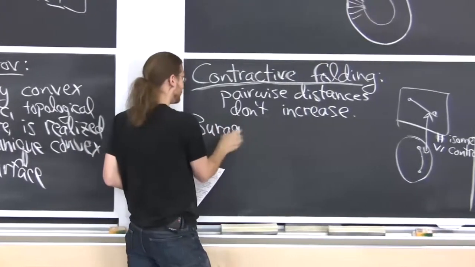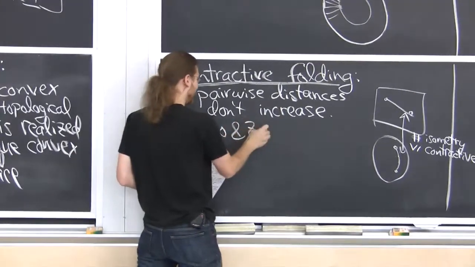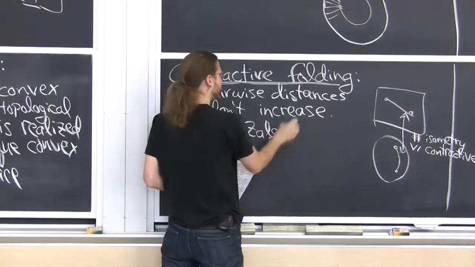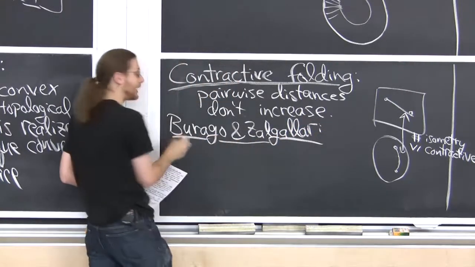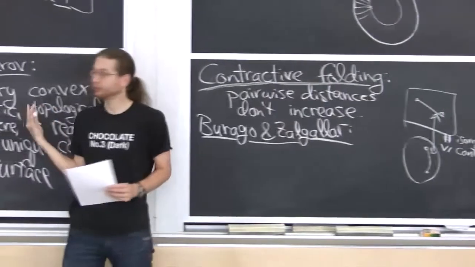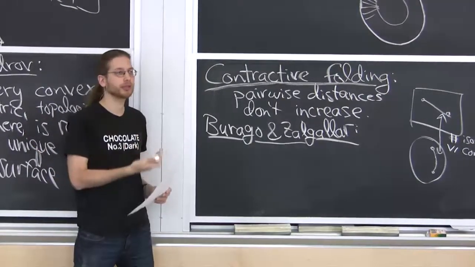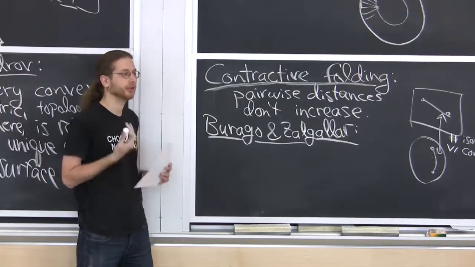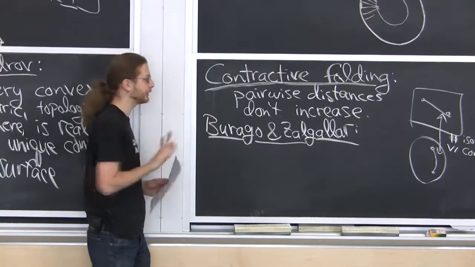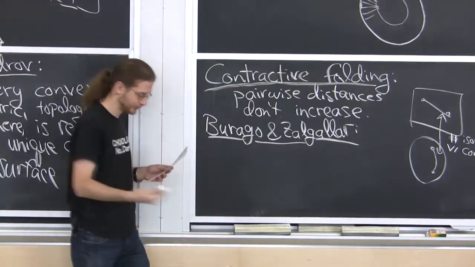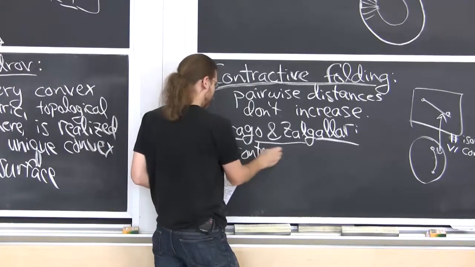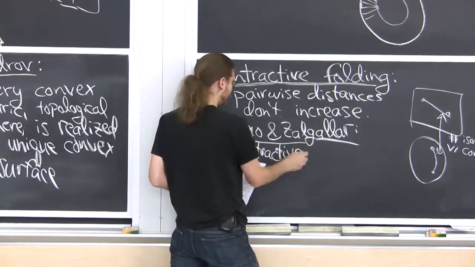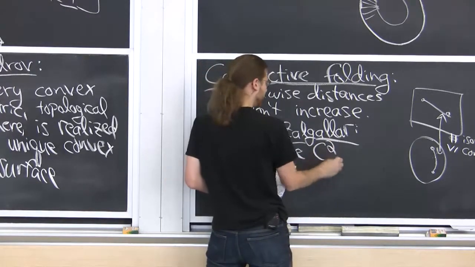This is another theorem by Burago and Zalgaller, who proved the other theorem that if you have any polyhedral metric, you can turn it into some polyhedron, not necessarily convex. So they solved that problem, plus they solved this problem. If you take a contractive, they only proved the smooth case. I imagine this works for piecewise smooth.